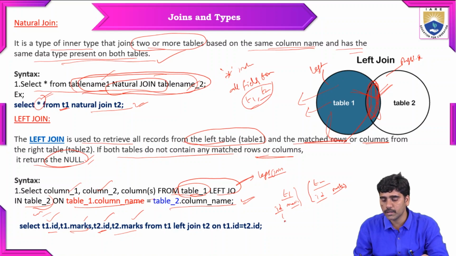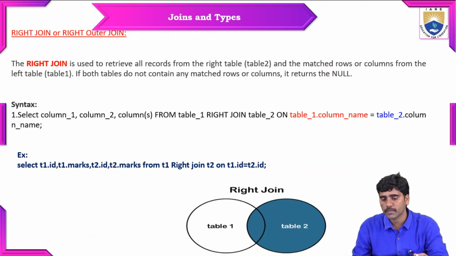It displays common elements from these two tables also, because the left join displays all the values from the left table as well as the common elements from the two tables.